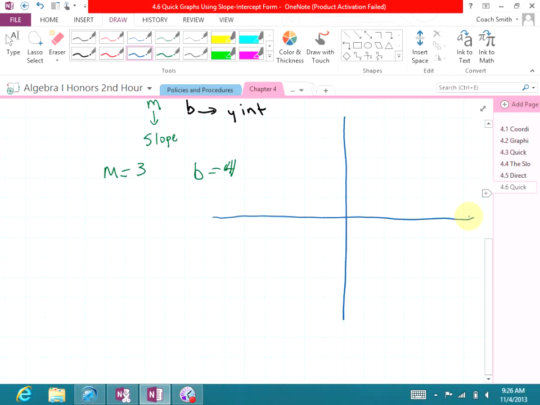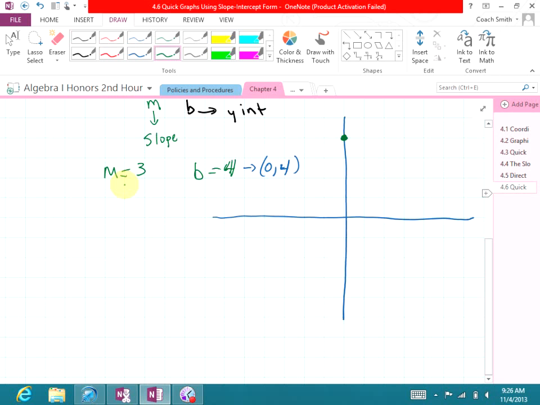So, we have said that the b is the y-intercept. Well, the y-intercept means that the coordinates are 0, 4. So I'm going to put 0, 4 on my graph. 1, 2, 3, 4, right there. That would be your y-intercept. Now I'm going to use the slope to graph more points.